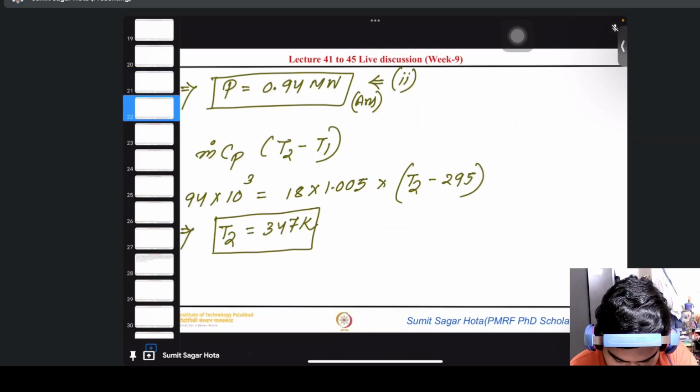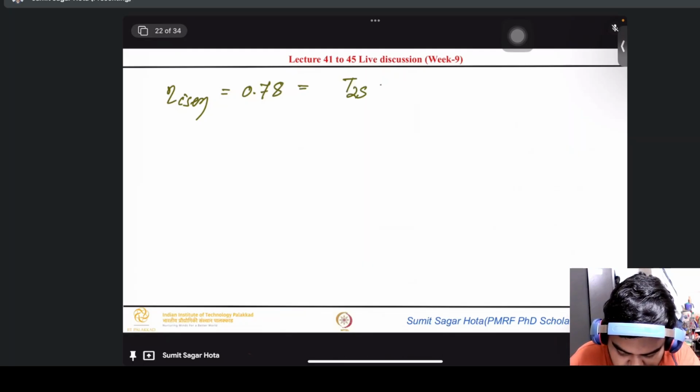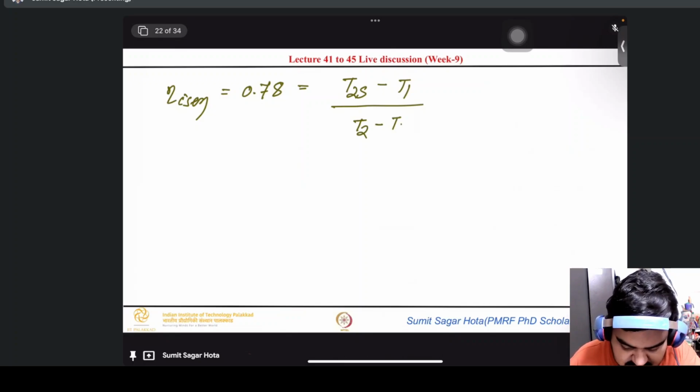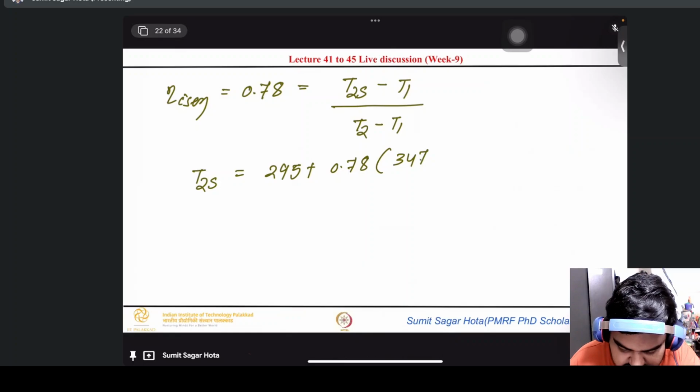So what is the isentropic efficiency? 0.78 is equal to T2s minus T1 divided by T2 minus T1. Just find out T2s from here. T2s is equal to 295 plus 0.78 into 347 minus 295.